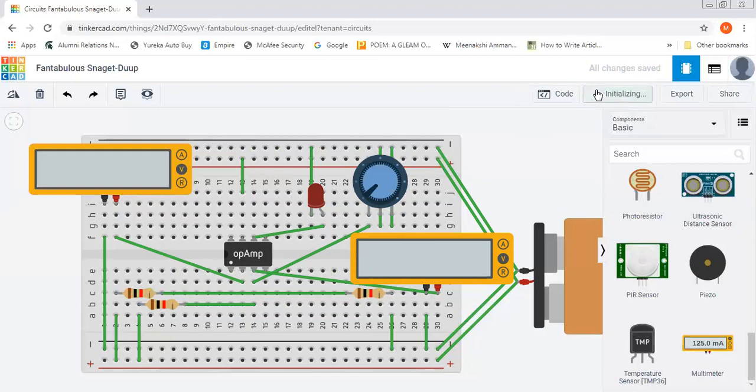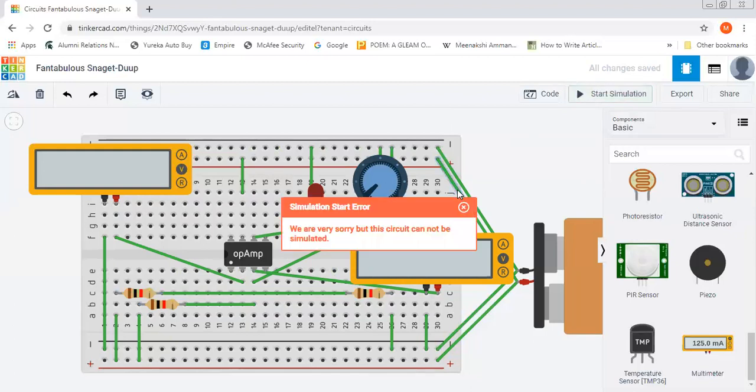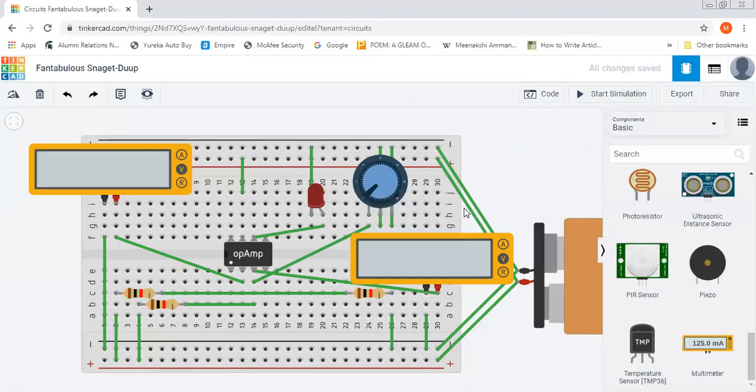Now let us start the simulation. There's some error here. So this has to be connected to ground here. Now let us start.